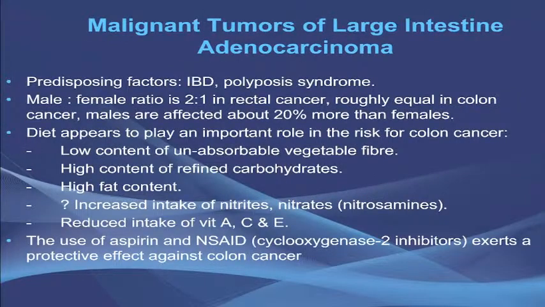Predisposing factors, we've already seen some of them: inflammatory bowel disease and polyposis syndromes, particularly where you have tumors that have villous architecture. Male to female ratio is 2:1, so more common in males than females for rectal carcinoma, roughly equal in the colon, and males are affected about 20% more often than females.